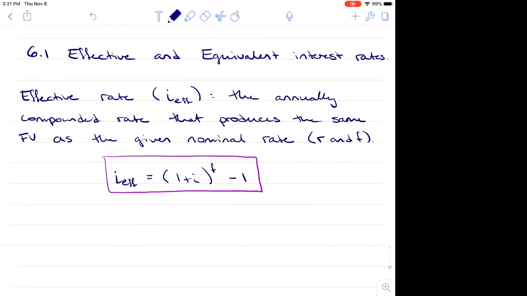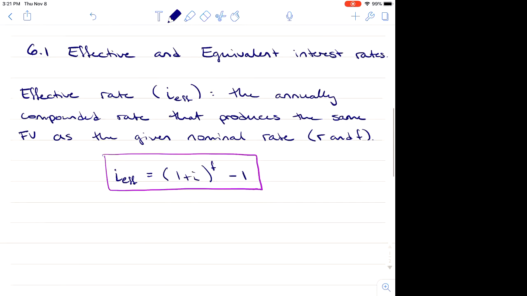Yeah, the effective rate. This is a periodic interest rate, I, but because the F for this is 1, it's kind of floating between the two.